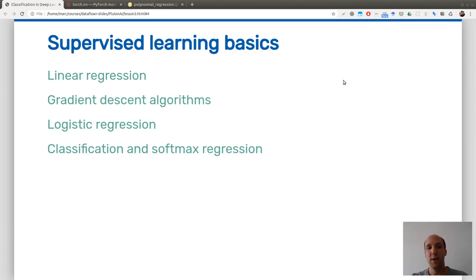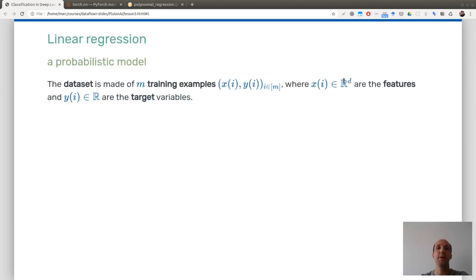I'll go back very briefly to the gradient descent algorithm. We'll go more into detail into this question in the second part of this lesson. Then I will go to logistic regression and how it's related to classification and softmax regression.